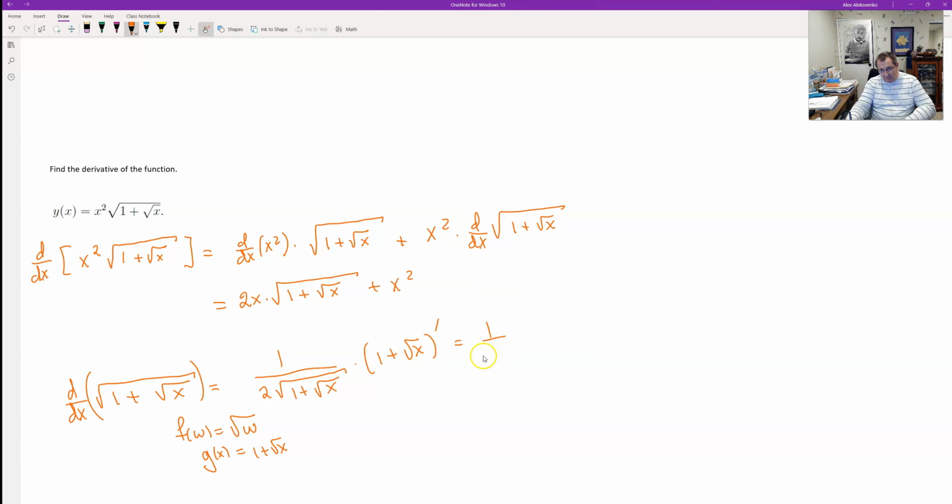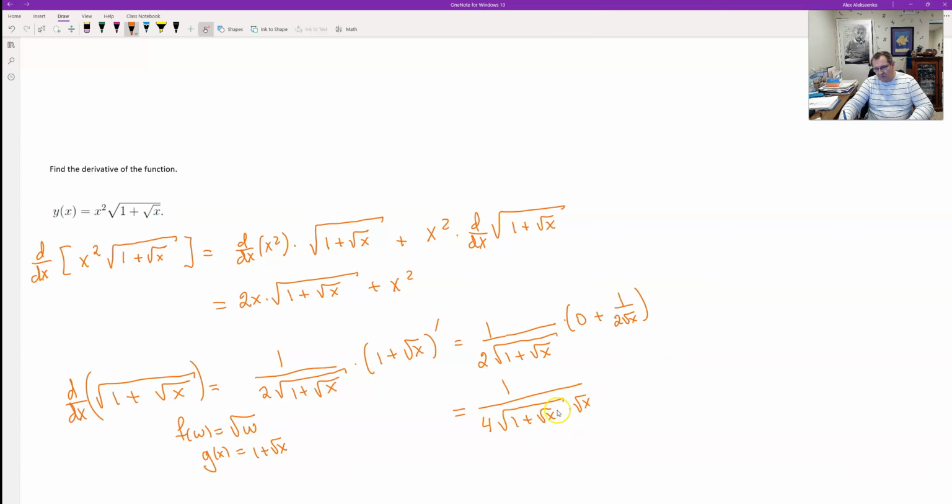So one more step. First, let me copy 2 multiplied by square root 1 plus square root x. And the derivative of this expression will be 0 plus 1 over 2 root x. So long story short, we will have something like this. 4 square root 1 plus root x times root x.